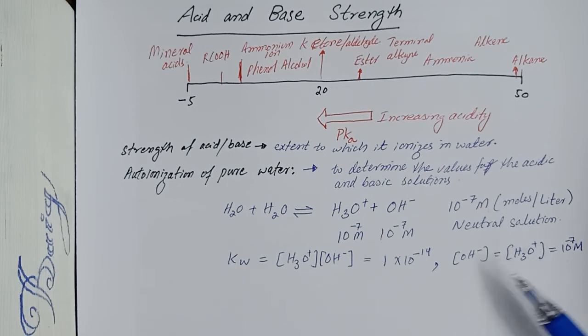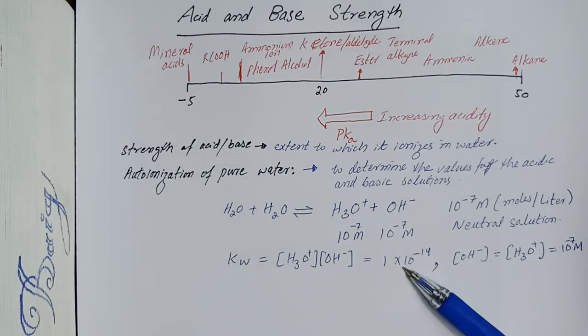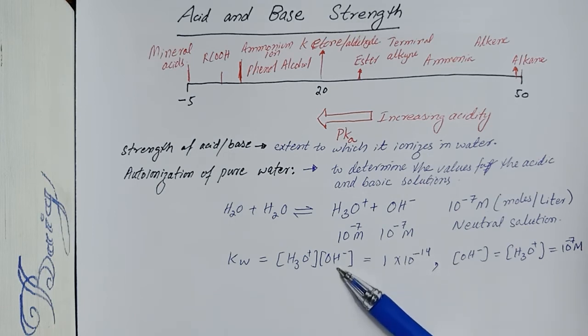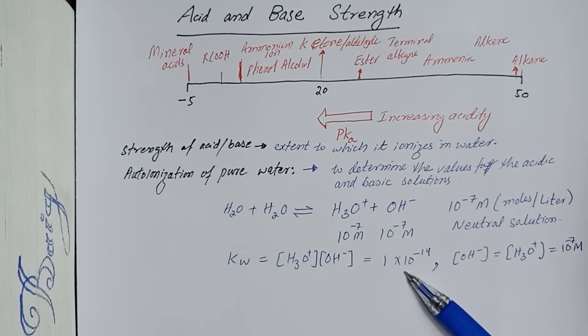Because the product of the two concentrations is a constant, when you add hydroxide ions to water, the concentration of the hydronium ion decreases by whatever amount is necessary for the product of the two concentrations to remain equal to 10 to the power minus 14.